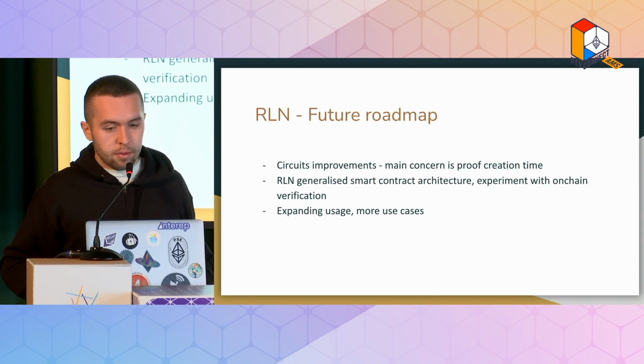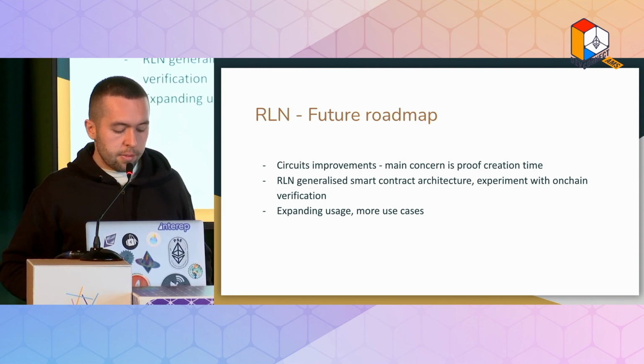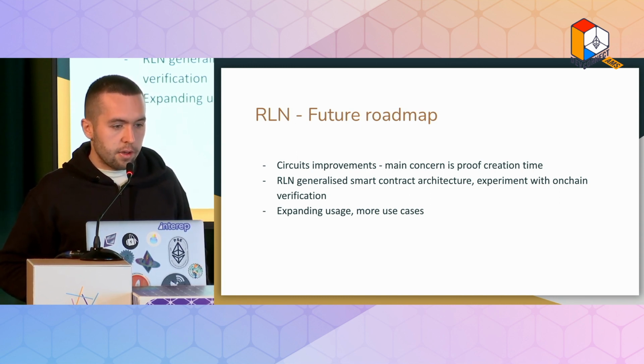Currently, the proof generation time takes around 1 second for a Merkle tree of depth 32. Additionally, we plan to implement a generalized smart contract architecture and experiment with on-chain proof verification, and expand the usage of this primitive and work on getting it more into the wild.